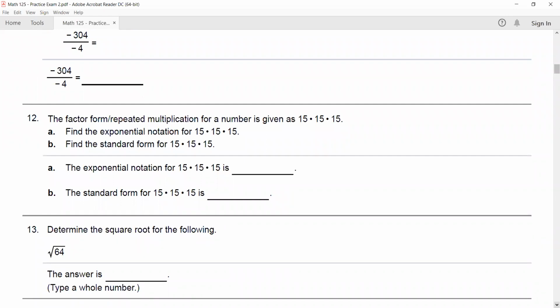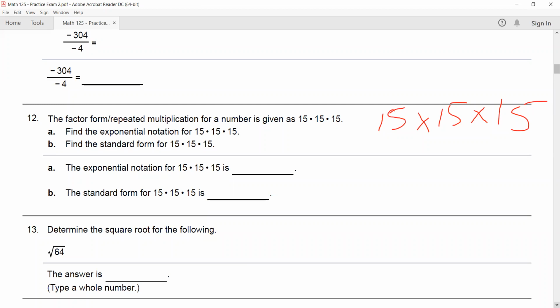Now for number 12, we are supposed to find the exponential notation and the standard notation. First of all, we have been given the factor form, or the repeated multiplication form: 15 times 15 times 15. Now, what is the exponential form of this?